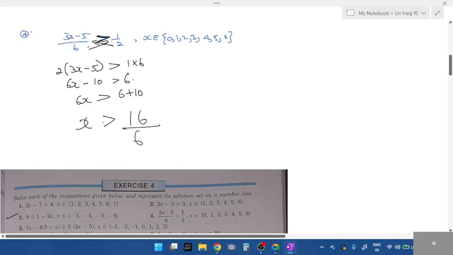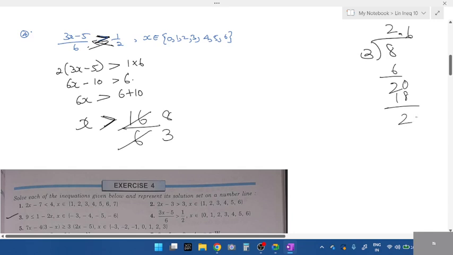Yeah, the sign again doesn't change. x is greater than 16 by 3 is 8 by 3 when reduced. How much is 8 divided by 3, students? 3 twos are 6, 2 point, and it goes on, right? 2.66. So x is greater than 2.6.